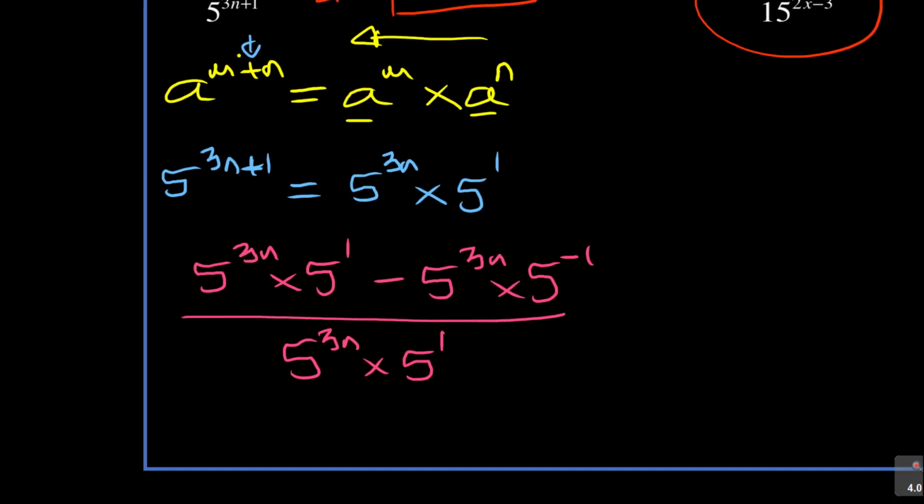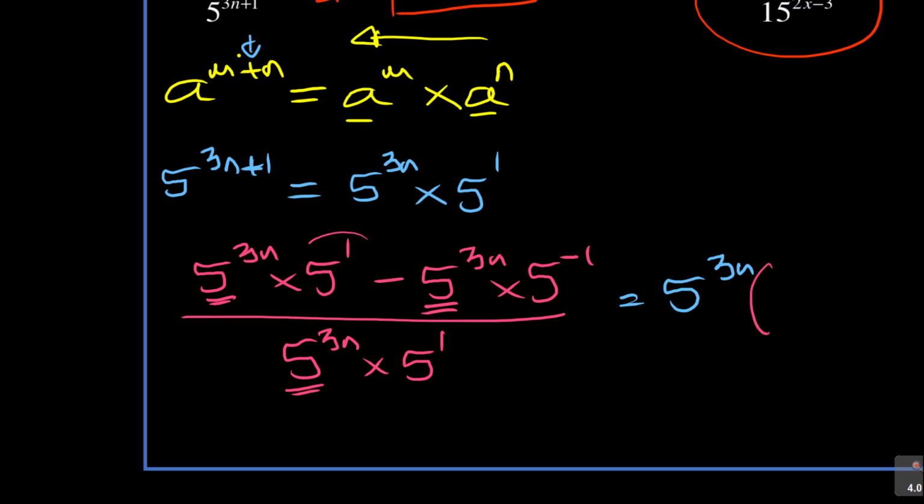From here you factorize. That's the part I talked about, factorizing. You can see that 5 to the exponent 3n is the common one. So if you take it out as 5 to the exponent 3n, then you write what is inside.